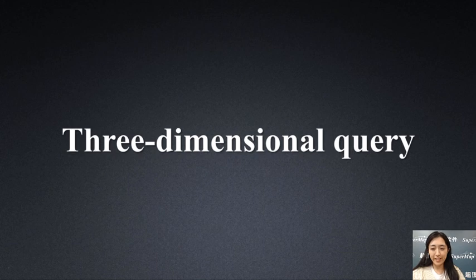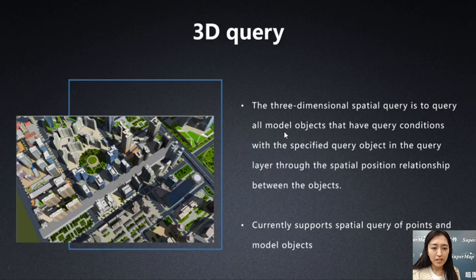Okay, and let's look at our next analysis, the 3D query. The 3D spatial query is to query all the model objects that meet the query conditions with the specified query objects in the query layer through the spatial position relationship between the objects.